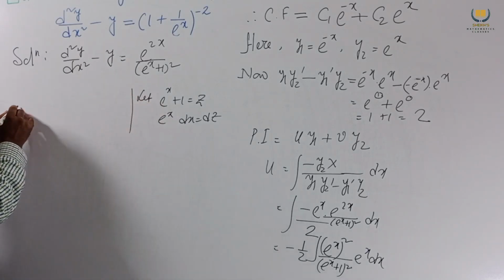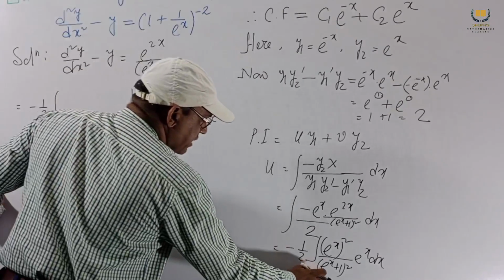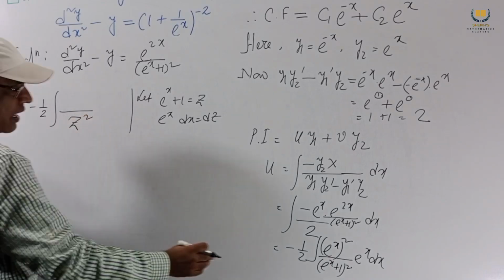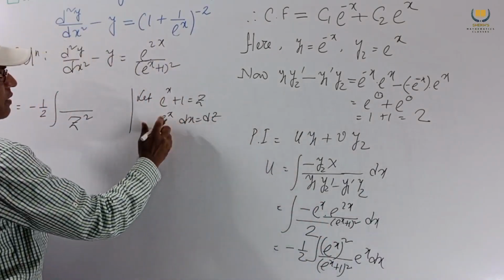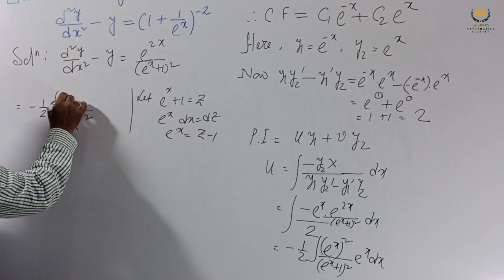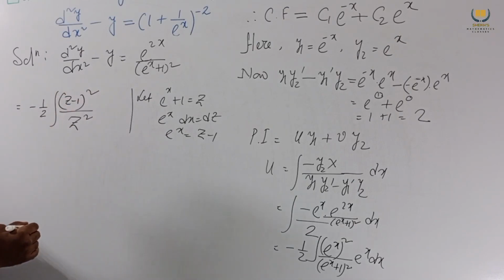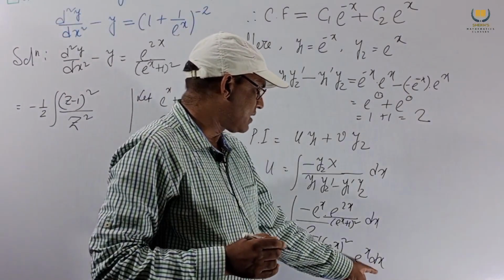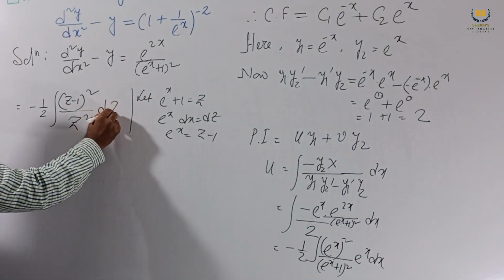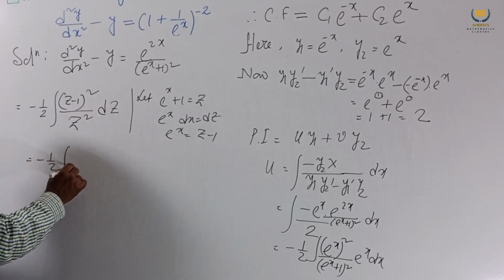So we get −1/2 ∫ (z − 1)²/z² dz, since e^x + 1 is z, and e^x = z − 1. And e^x dx means dz. And −1/2 remains the same.